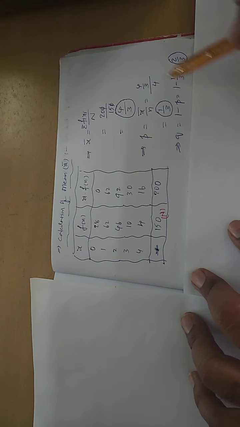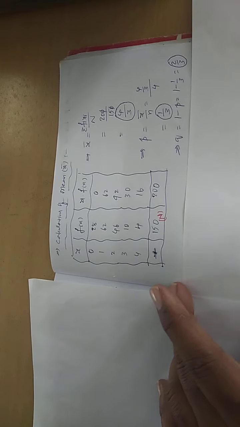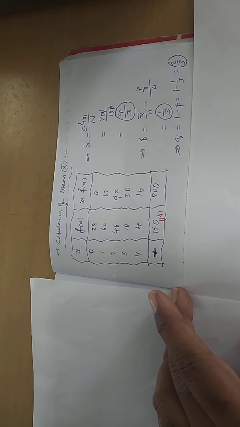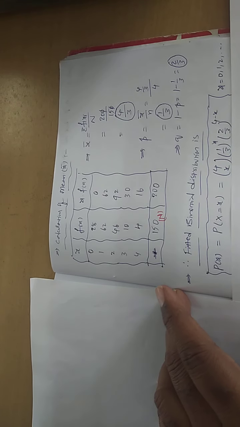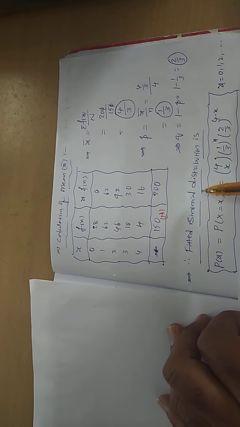So by all this information you came to know the p value, q value, as well as the small n value. Now we are writing the photograph of the binomial distribution. That is the probability mass function of the binomial distribution. The fitted binomial distribution is: probability of X equal to x.